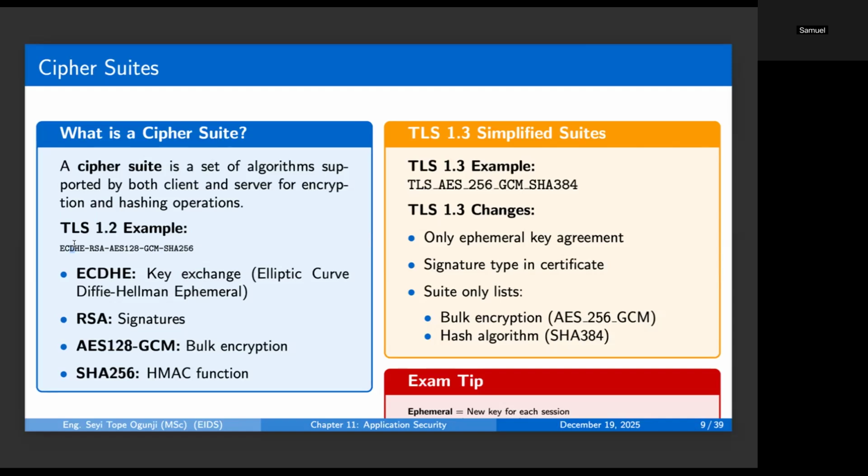The next one is RSA. RSA does the work of verification of signatures. So you can use it to verify identities using signatures. And the inventors, as I said, Rivest, Shamir, Adleman, their initials. Okay, we have already talked about SHA-256 before now, which is used for HMAC, hash-based message authentication code.